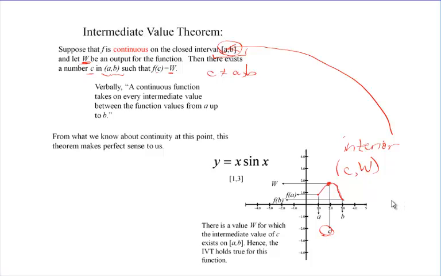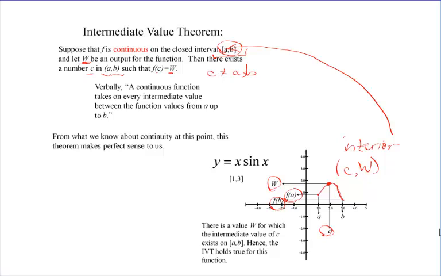This is kind of a duh theorem. Of course, that's what continuity means. But the intermediate value theorem doesn't say, and I have a lot of students that kind of go here with it, it doesn't say that that output will have to lie between f of A and f of B. That's clearly here. I have a counterexample to that. Clearly not the case. So don't put that in your head.